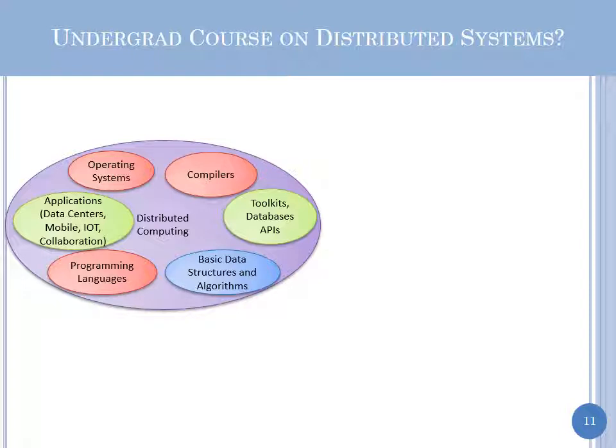The difference between compilers and programming languages is you learn abstractions in both, but in compilers you learn how they implement it also. So we need to know algorithms, we need to know abstractions, and to really know abstractions, we'd like to know how to implement them. Personally, I think everybody should take a compilers course, because the only way to understand a programming language is to understand how it's implemented.